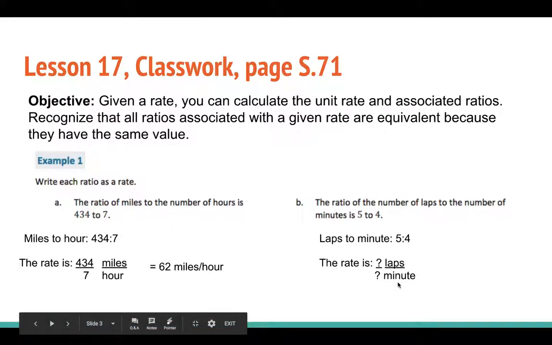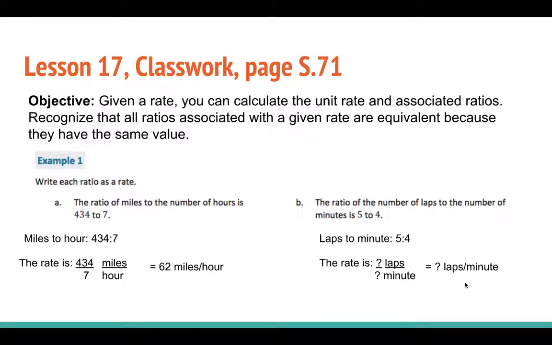Laps to minutes, and you're going to solve for that. How many laps did this runner run in 1 minute? Okay, laps per minute. That means there's only 1 minute. So pause this video to answer the questions. Okay, I'll be coming around to check your answers.